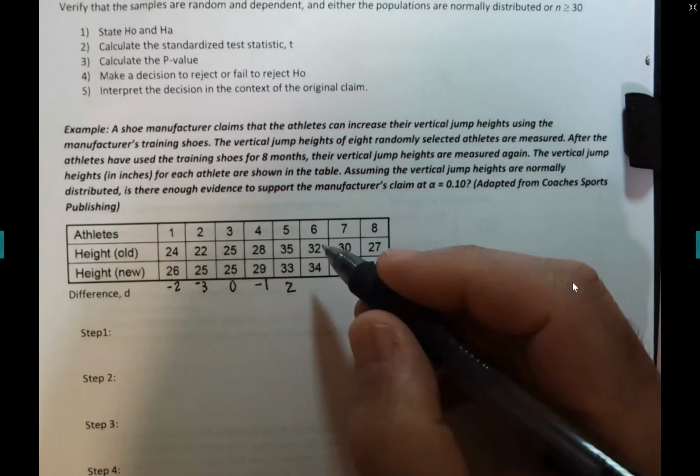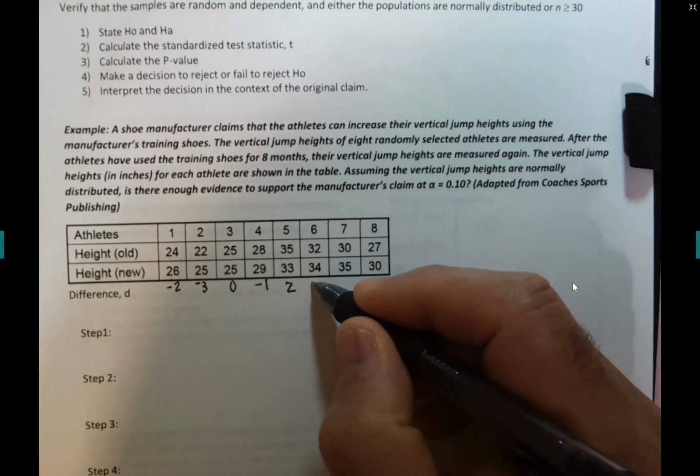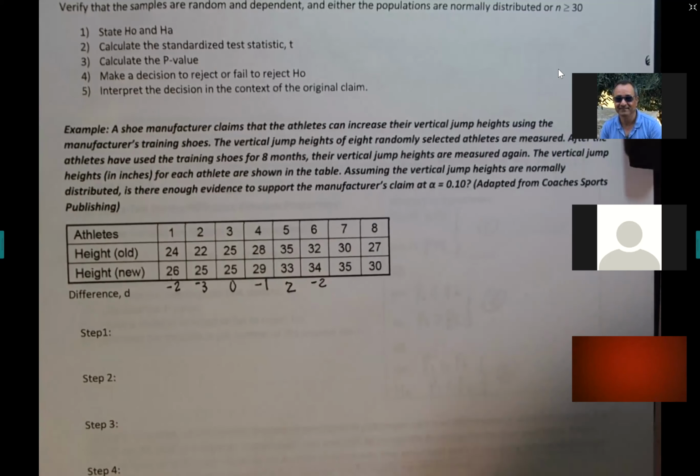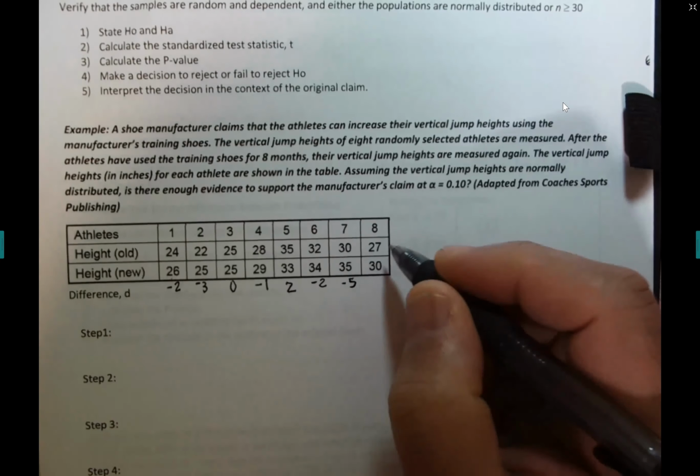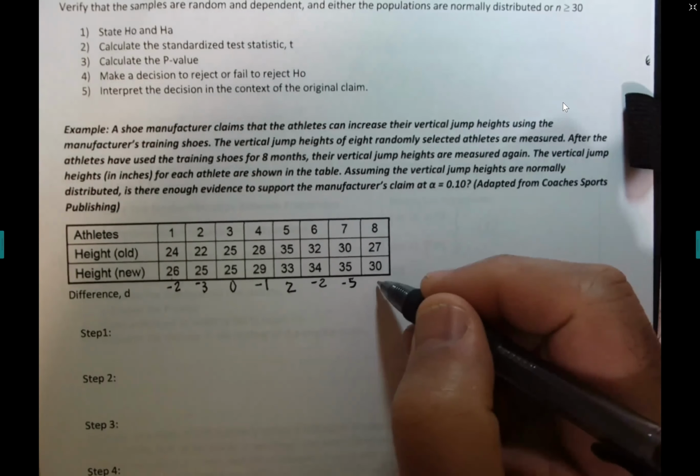What about 6? 32 minus 34 is what? -2. All right. 30 minus 35. It seems like the one that benefited the most is number 7. It went up by 5. 27 minus 30, -3.